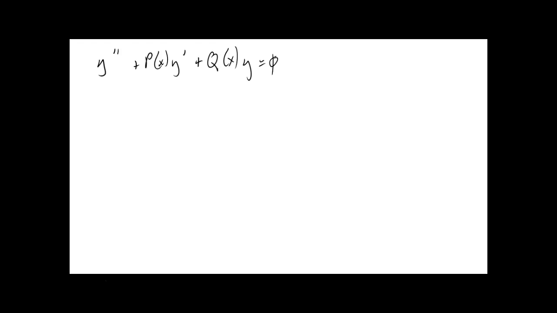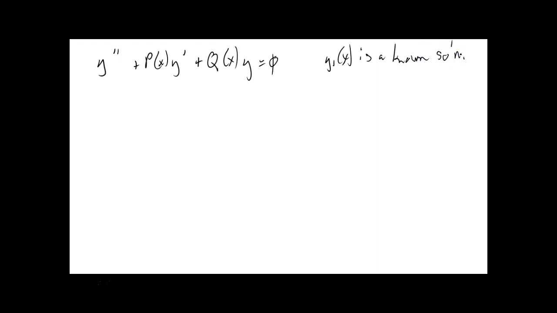Now, we took it through and made the substitution y is equal to u of x times y1. Here's the sort of artificial thing here. Suppose we know that y1 of x, not equal to 0, is a known solution for this differential equation.